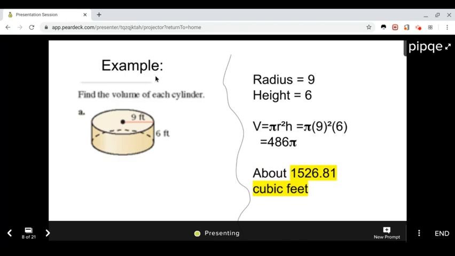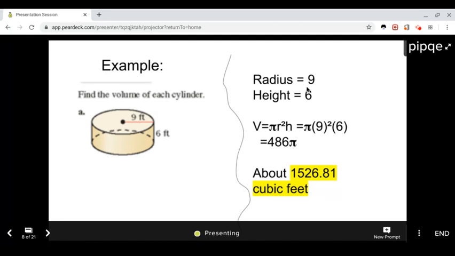So here we have an example, and it says find the volume of each cylinder. We have that the radius is equal to 9 and the height is equal to 6, so all we have to do is pretty much just plug it in. So we have volume equals pi r squared h. We're going to leave the pi until the very end of our calculations.